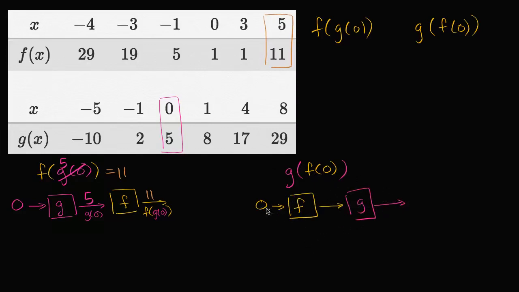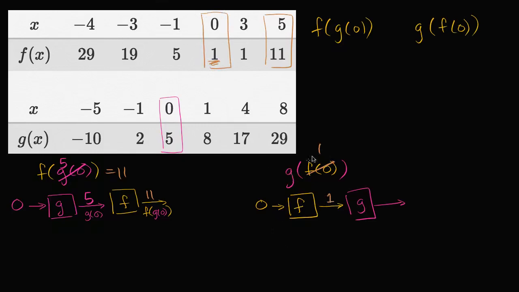And the output of that is going to be g of f of 0. So let's see. What is f of 0? Well, you see over here, when our input is 0, this table tells us that f of 0 is equal to 1. So now we use 1 as an input into g.